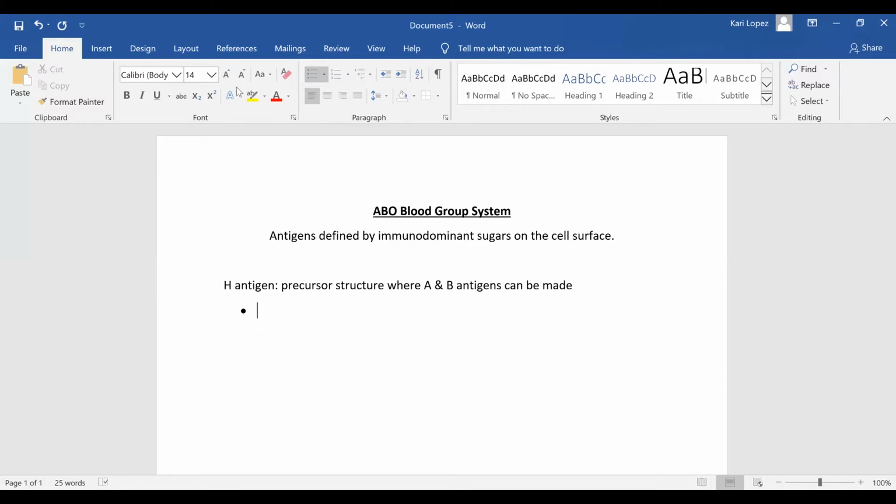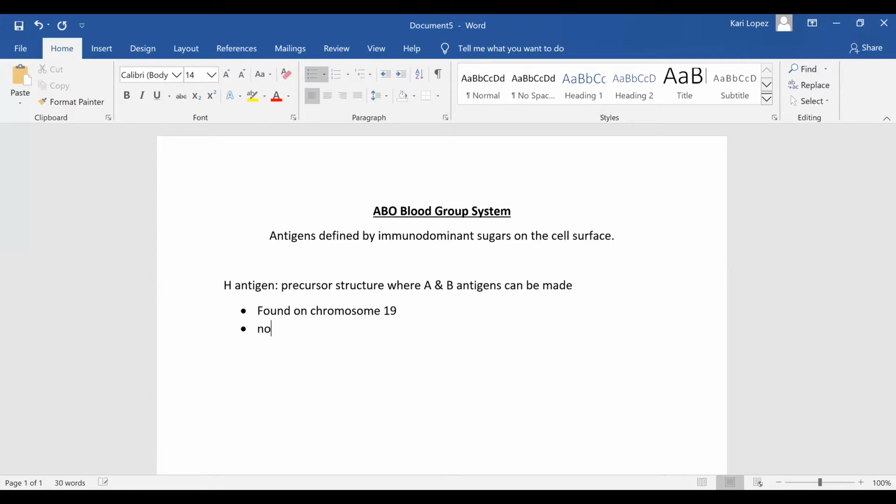It is found on chromosome 19 with your secretor gene. So the H antigen is found on chromosome 19, which happens to be where the secretor gene is also located, and your ABO inherited chromosomes are on chromosome 9. So not always a test question, but extra information.